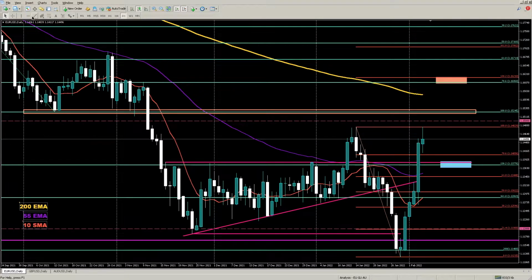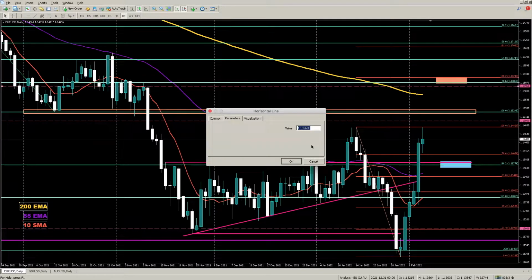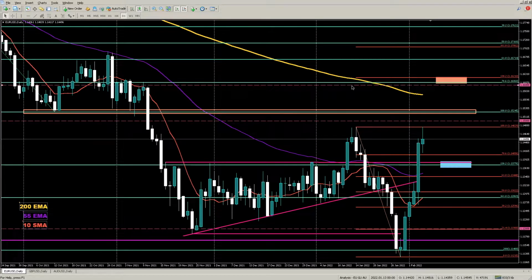Let's identify another round figure, 116 here. So it's from 116.07 to 116.21, but basically at the 116 area.